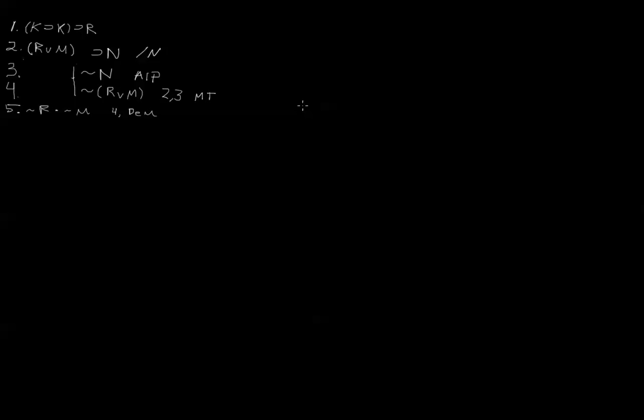If we were in an argument, so let's go over here, if we were in an argument and we had step 1, not R or M, okay, then it would be legitimate to use De Morgan's and say not R and not M. That would be a legitimate use of De Morgan's. But what we're doing here is we're saying we know this is true. And we say that because of that number 1, we know this is true. Number 2 follows from number 1.